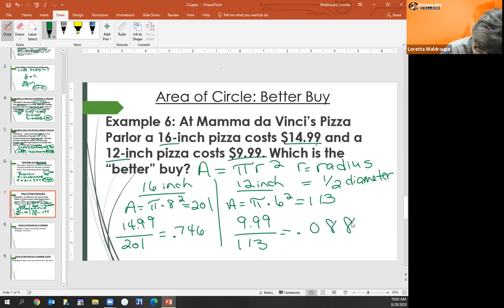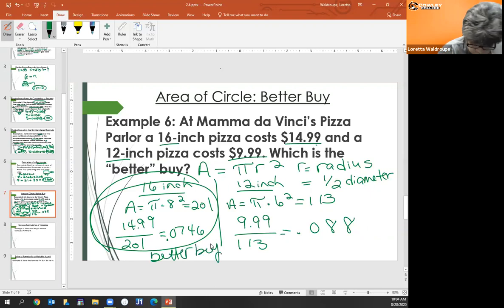I believe this was 0.0 in front of that 7. Yes. My apologies. I got to get that 0 in there. So, would you rather pay like 8.8 cents or 7.5 cents per square inch? So this one is your better buy because it costs less per square inch.